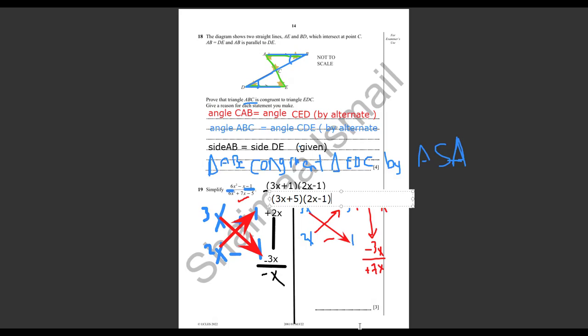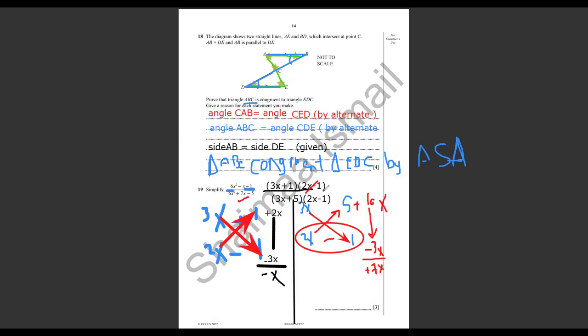X minus 1. So that is 2x minus 1, and that is 3x plus 5. Plus 3x plus 5. Okay.